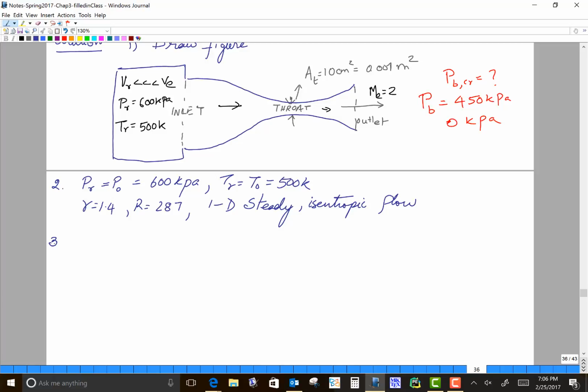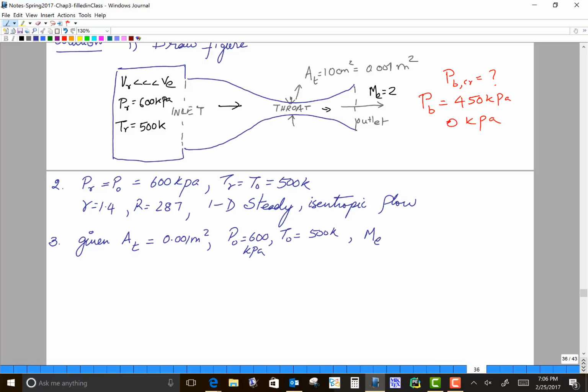So the question is, ME is given, right? So what is given? AT is 0.001 meter squared, P naught equals 600, T naught equals 500 Kelvin, and what else?